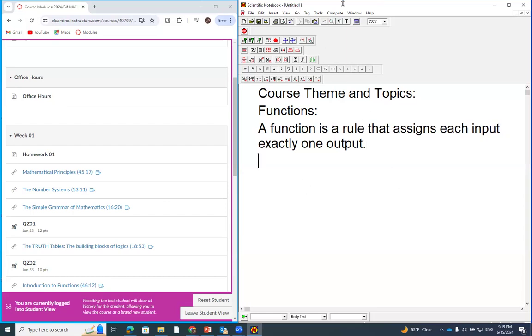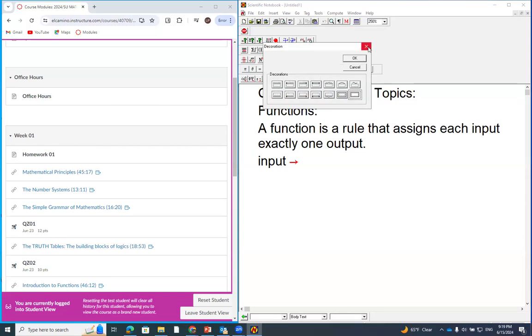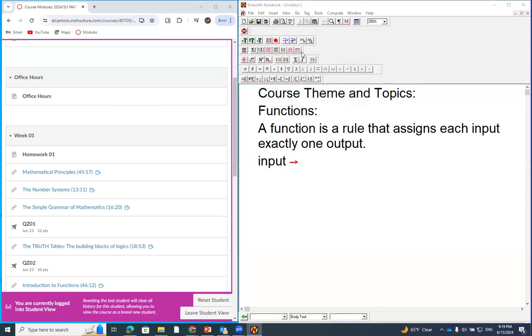If we put a picture for the role of the function: input, and then we have a function. We use shorthand notation f.